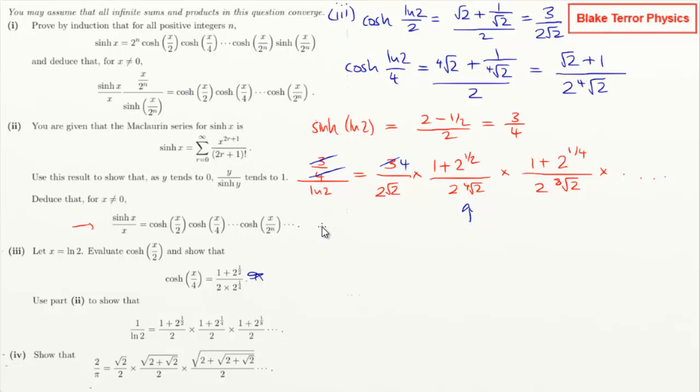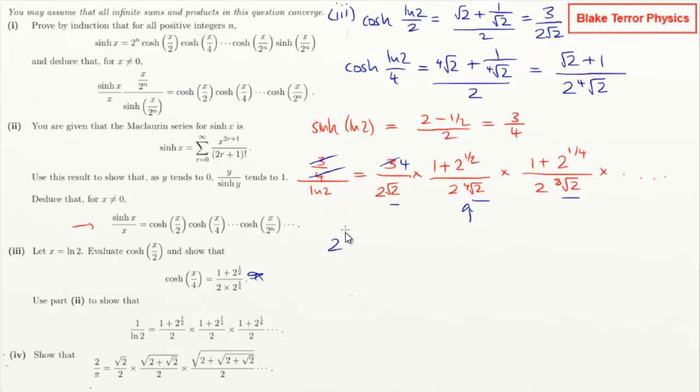So on the denominators, I've got 2 over root 2, but all I want to take out of these is these root bits, because all the rest of it looks great. I suppose I could keep that root 2 there. So I want to multiply all of these things together.